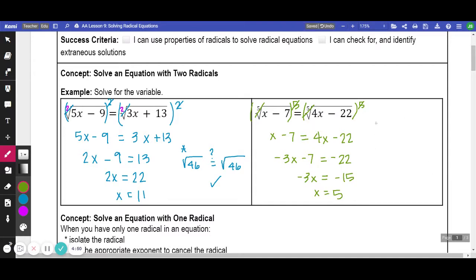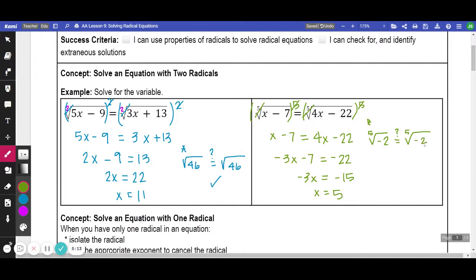When I substitute it in to check, I get the fifth root of negative 2, because 5 minus 7 is negative 2. Is that equal to the fifth root of 4 times 5 is 20 minus 22, which is negative 2?